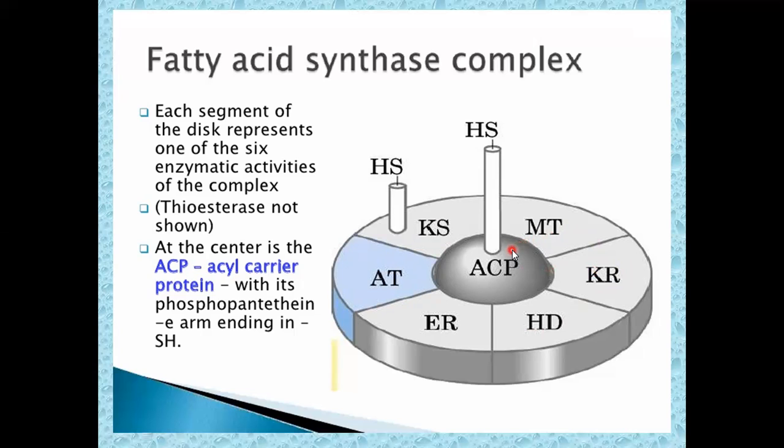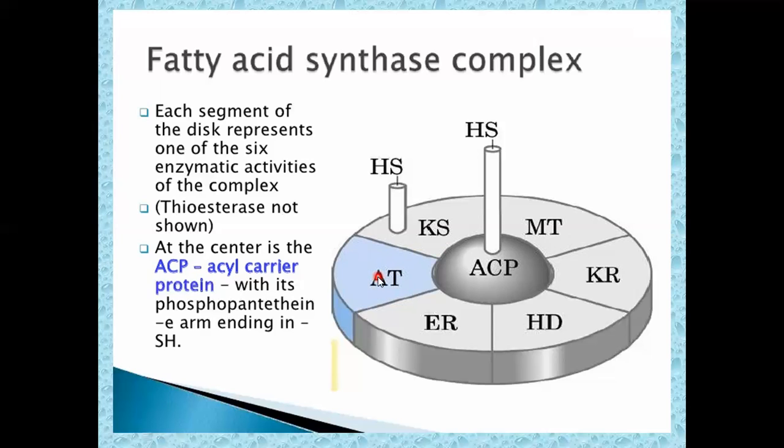Now come to the function of each subunit of this fatty acid synthetase enzyme complex. First, we come to the AT subunit, that is your acetyl coenzyme A ACP transacetylase, which helps in the transfer of the acyl group from coenzyme A to the cysteine residue of the KS.